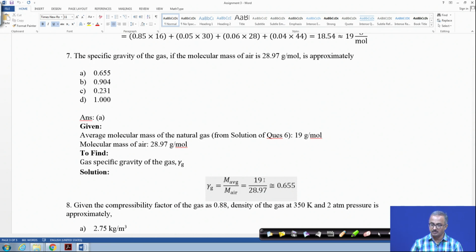So all these questions which have been solved here are quite straightforward. The more you practice these problems, you will find that some of these concepts which are being taught to you through the assignments are quite basic level concepts. They not only help you in the natural gas processes, but these same concepts can be used for any other problem you face in fluid mechanics or separation processes.